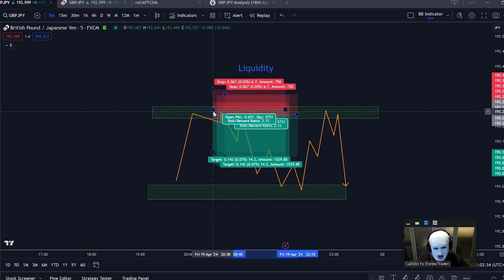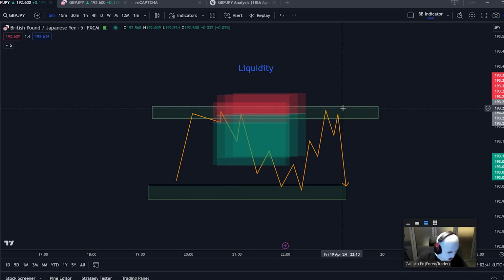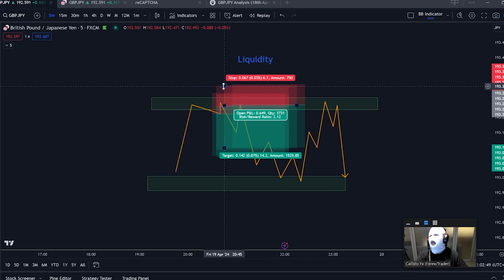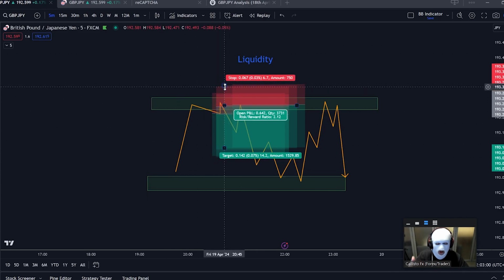There's all these orders that are being stacked just right above the resistance. People are trying to sell. In this scenario, all these stop losses are basically orders in the market that are used to make sure that if in the case price goes up higher, these retail traders will have their stop loss triggered, right? So technically speaking, stop loss is a good idea, right?